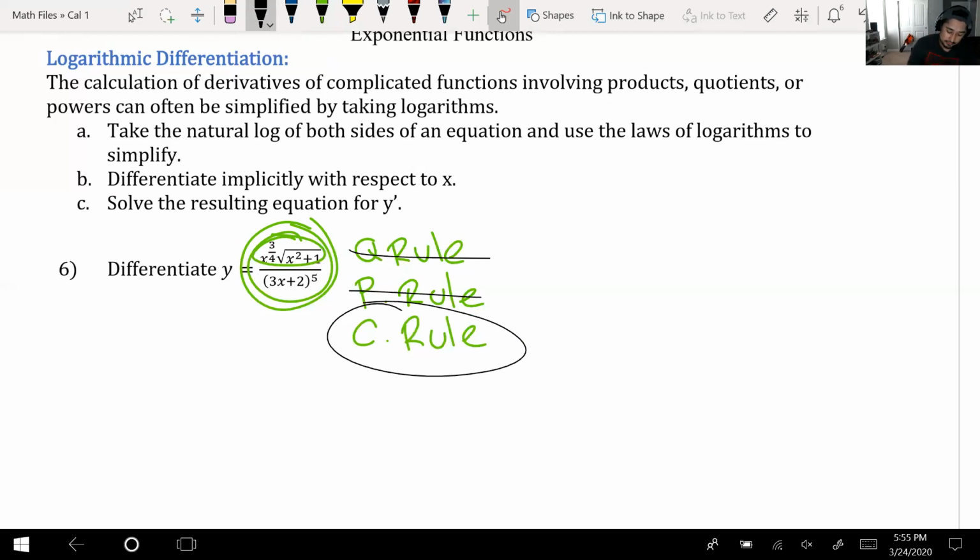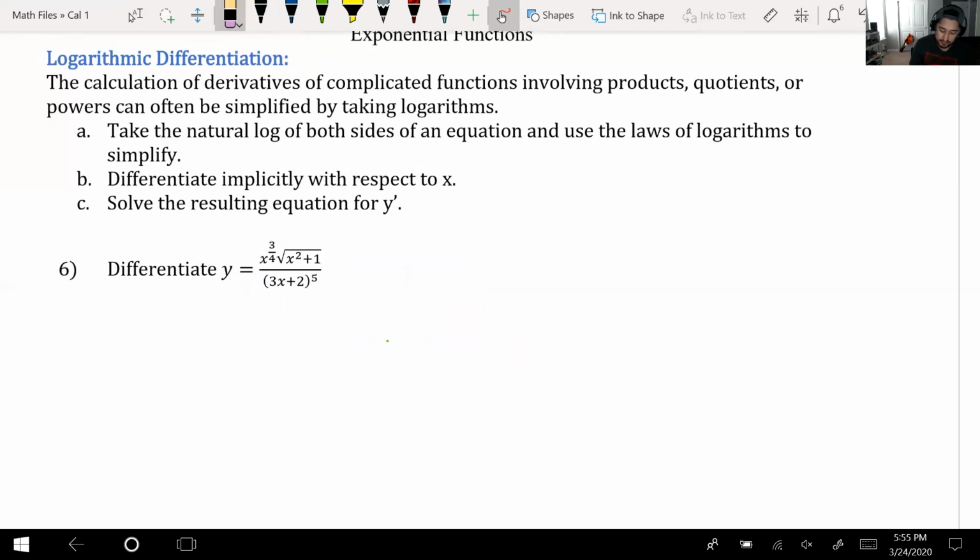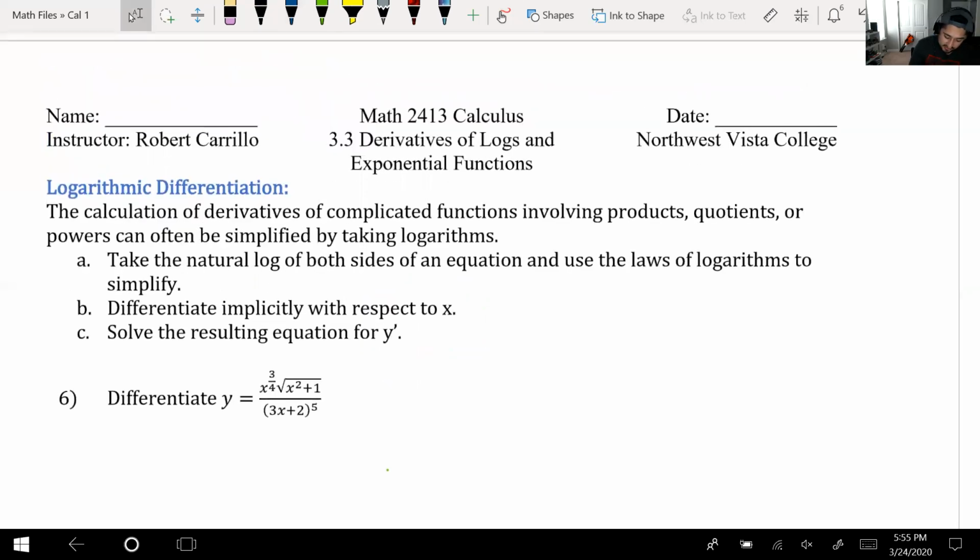Okay, so let me erase all of this. You'll see it on the video. Okay, so here we go. I'm going to compose both sides with the natural log.